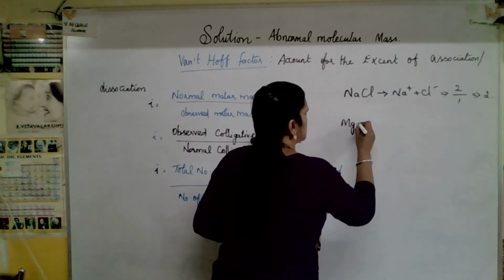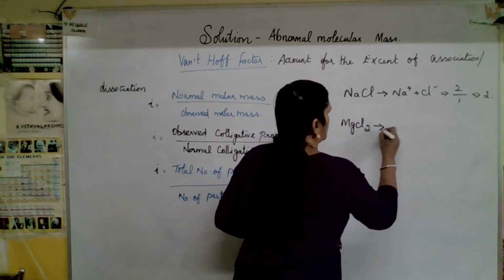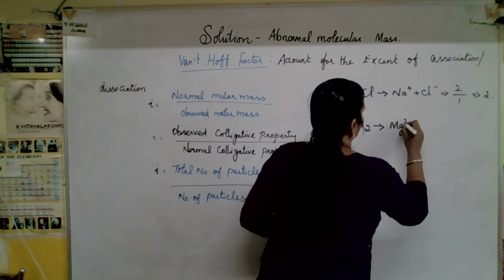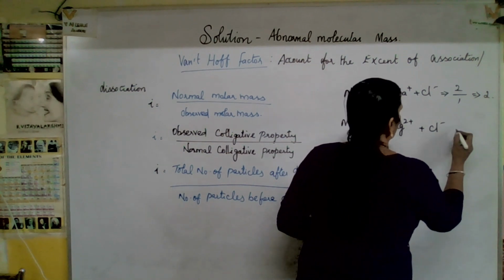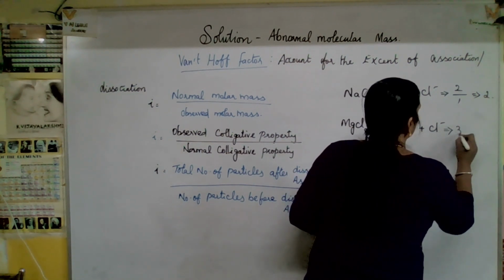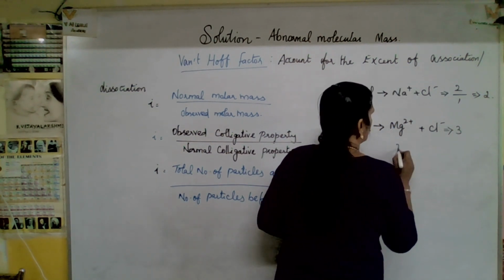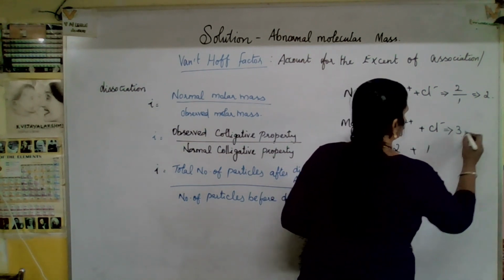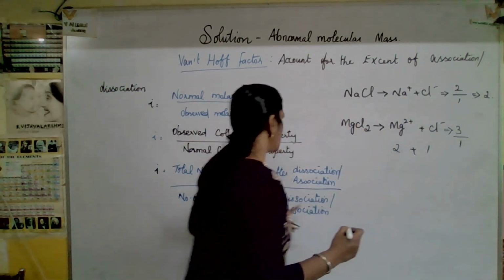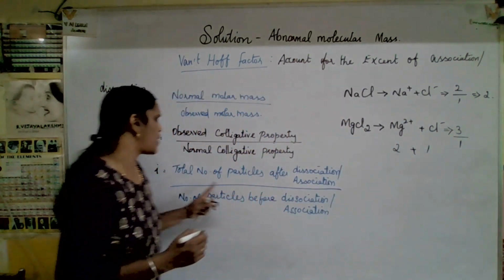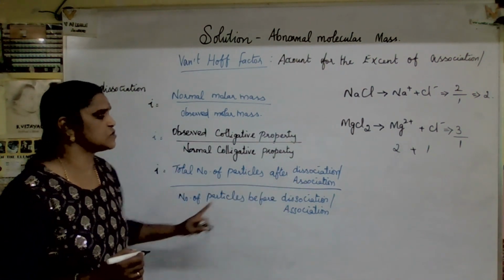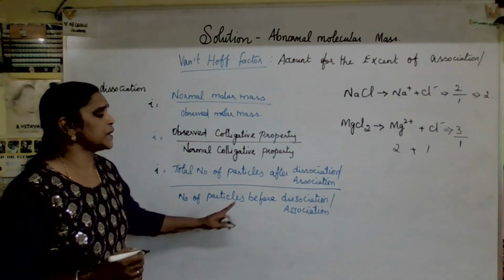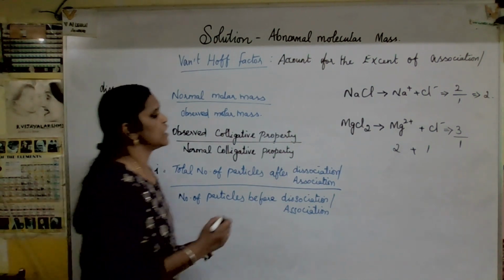For MgCl2, you will get Mg2+ and Cl-, so naturally you get 3. How do you get 3? Here 2 and here 1, so 3 divided by 1. That is the total number of particles after dissociation or association divided by the number of particles before dissociation or association.